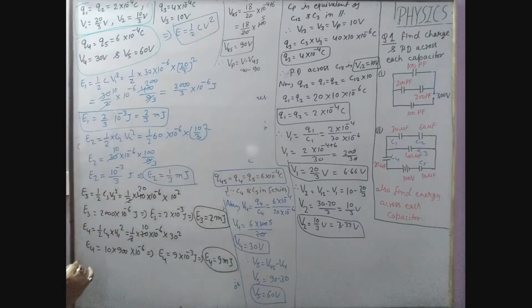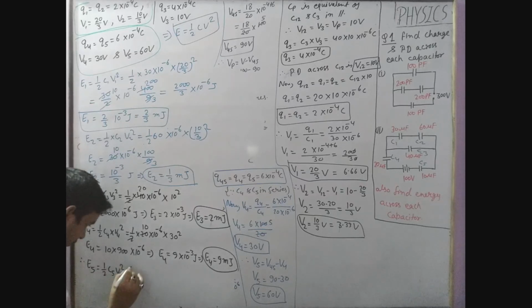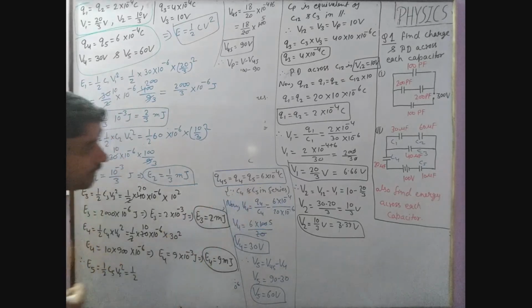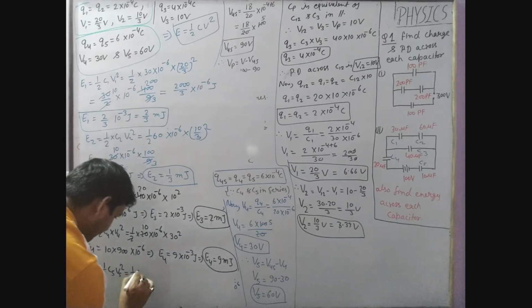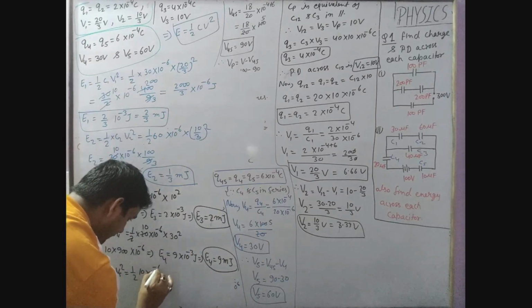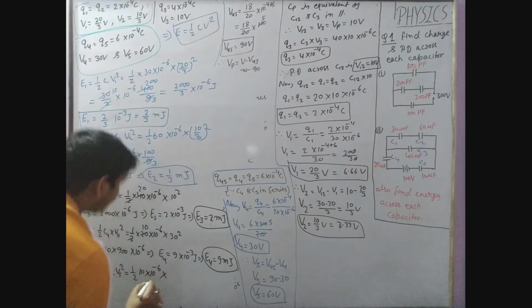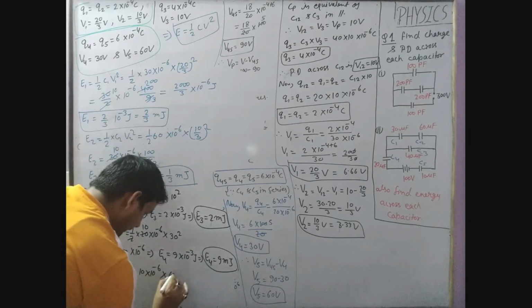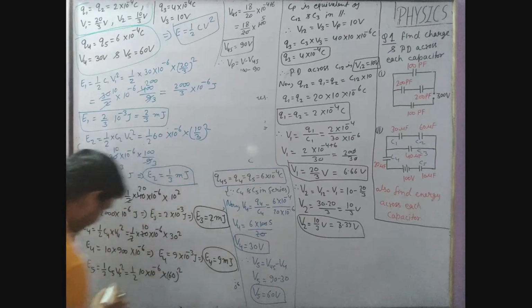And similarly you will calculate the result for E5, that is half C5 V5 square, which is equal to half into C5, which is 10 into 10 to the power minus 6, and V5 is 60 square.